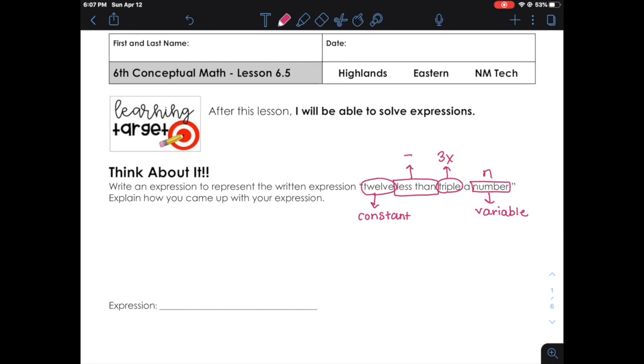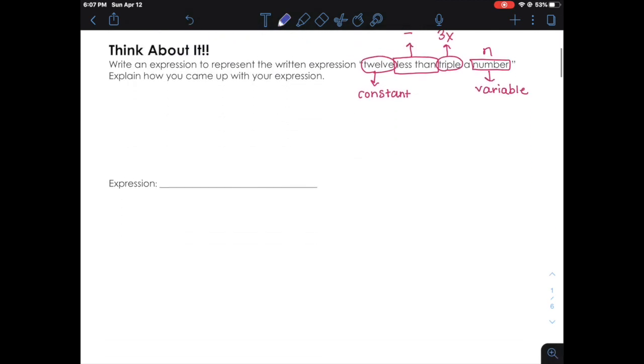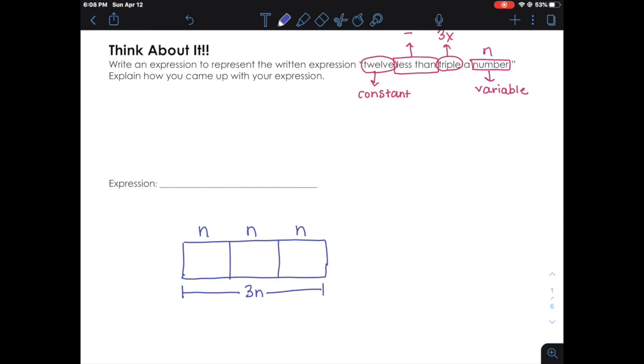And that's our variable, like I said. All right, so if I draw a model to represent this, I'll need to draw 3 sections of n, because then that would be multiplying n times 3. Let me actually put these above. So this is n, this is n, this is n, and all together we have 3n, which is triple n.